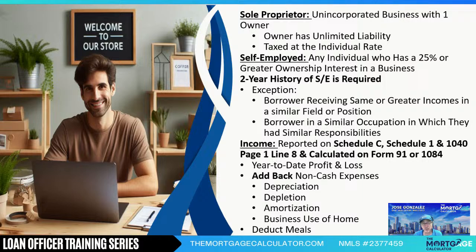So if it's a conventional loan, either Freddie or Fannie, I'm going to set it up with the best case scenario income. So the current year to date or the current 2023 tax return is higher than the 2022 tax return, which means normally you would average them out, right? I will use the higher 2023, set it up with the higher income amount.